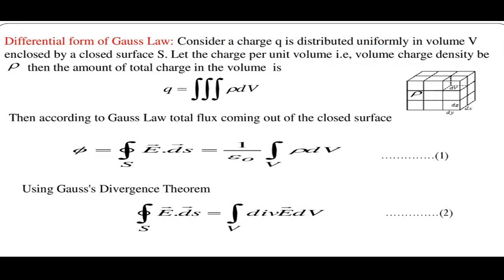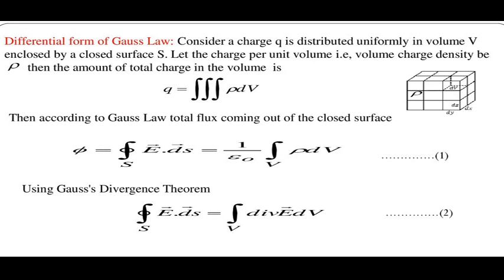Before I move further, let us first derive the differential form of Gauss law. For that, we'll consider the distribution of charge Q uniformly in a volume V, which is enclosed by surface S. Since the charge is distributed over the whole volume, in this case we'll define a volume charge density rho such that the total charge now is given as the volume integral of the volume charge density.